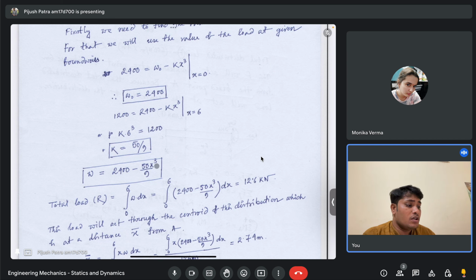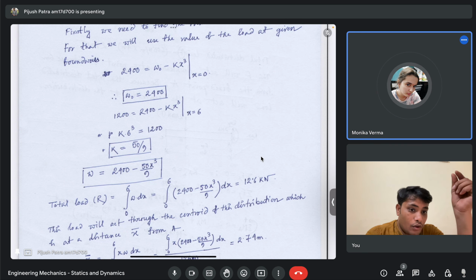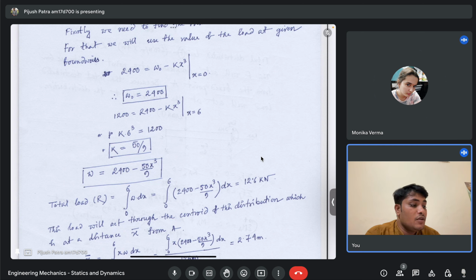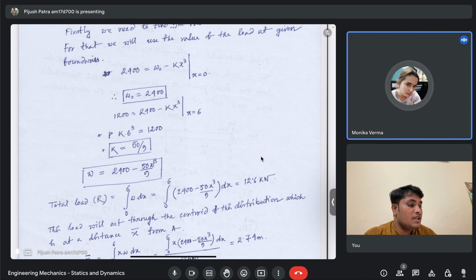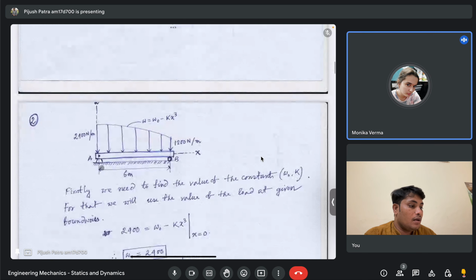The total load is the integration of W into dx. At any elemental length dx, the load is W into dx, and then you just integrate it from 0 to 6, because it's 0 to L, up to the length of the beam.